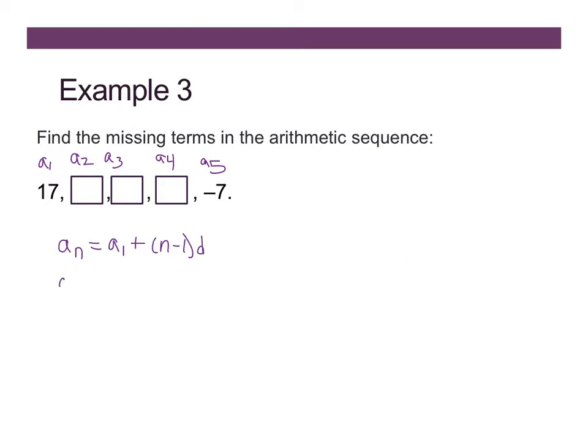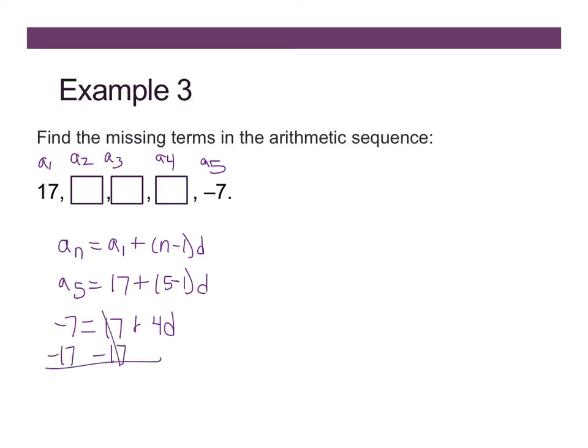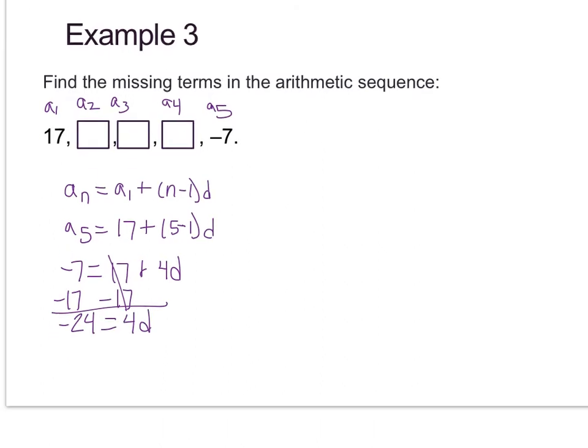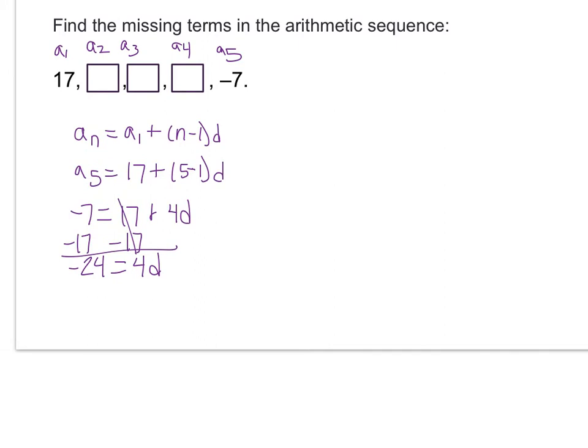Well, we know that a sub 5 equals 17 plus 5 minus 1 times whatever the common difference is. Well, a sub 5 is -7, so -7 equals 17 plus 4d. Solving for d, we subtract 17 from both sides, getting -24 equals 4d. Then we're going to divide both sides by 4, getting us -6 equals d. So our common difference is -6.